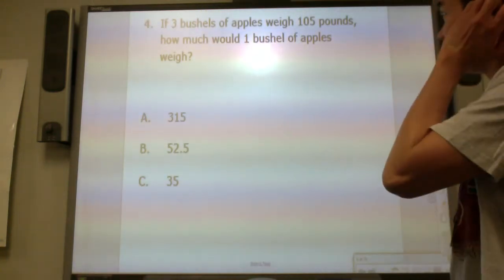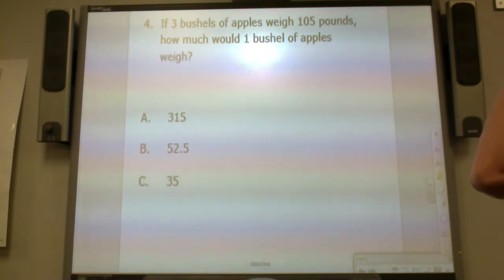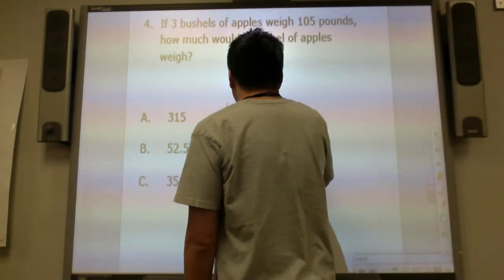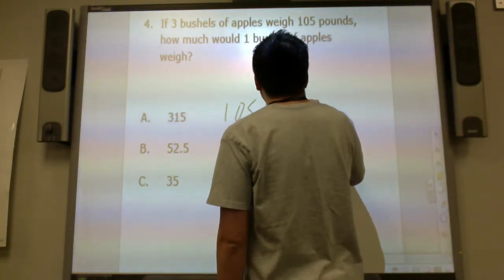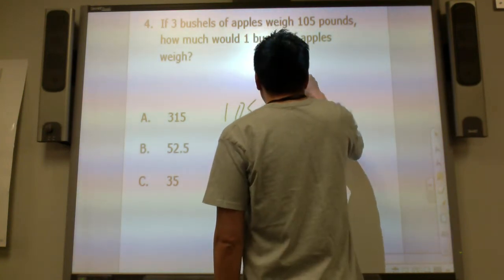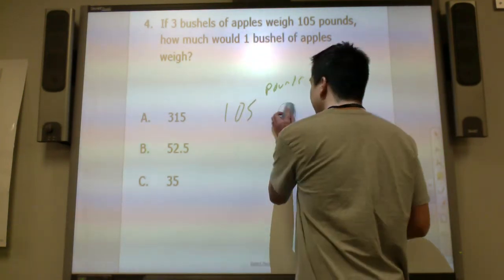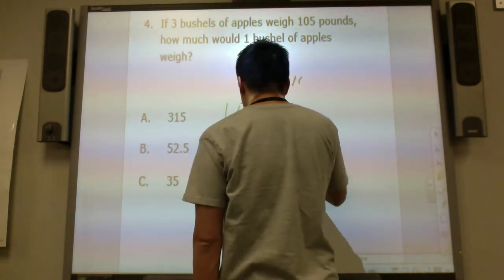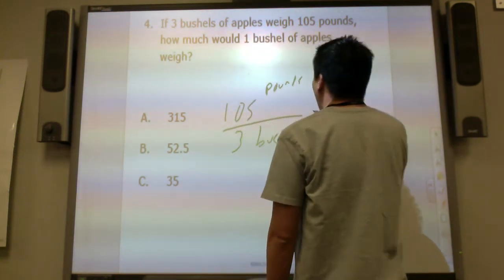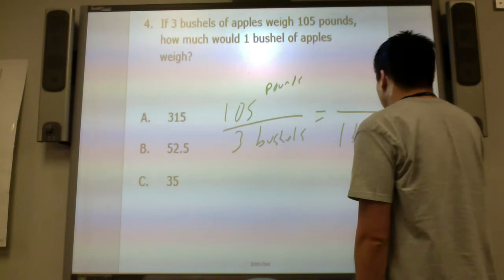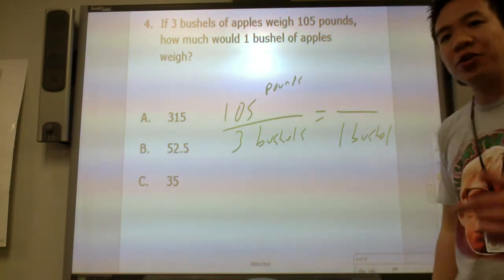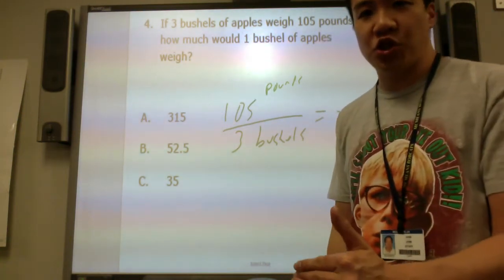Question number 4. If 3 bushels of apples weigh 105 pounds, so we know 105 pounds represent 3 bushels. How much would 1 bushel weigh? So it's unit rate. They're asking you, can you break it down to per bushel?